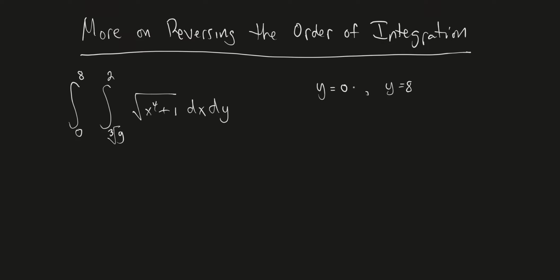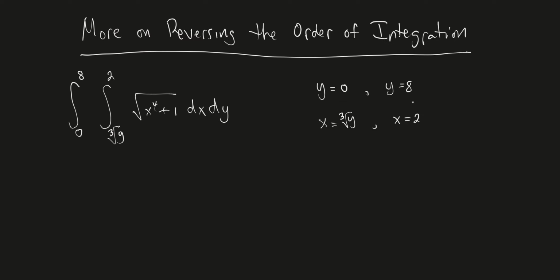Both of these are horizontal lines, so those will be fairly easy to sketch. Looking at x now, the lower limit for x is the cube root of y, and the upper limit of x is 2.